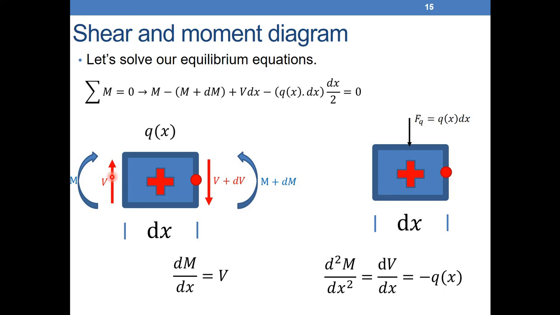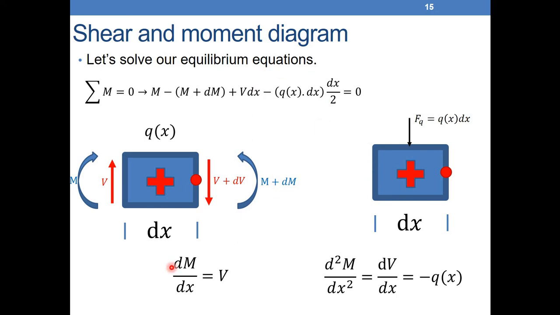The moment applied by V around this point will be the force times the distance, so plus V dx, because it is in the clockwise direction. And finally, the last force applying a moment around this dot is Q of x. So Q of x dx, that's the force, times the distance, which is dx over 2. So minus, because it's counterclockwise, minus Q(x) dx times dx over 2.